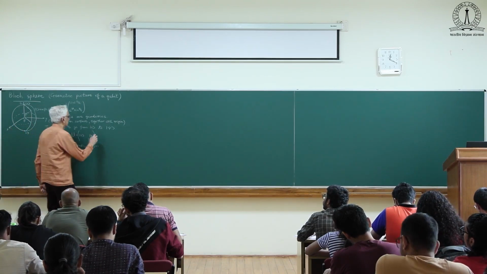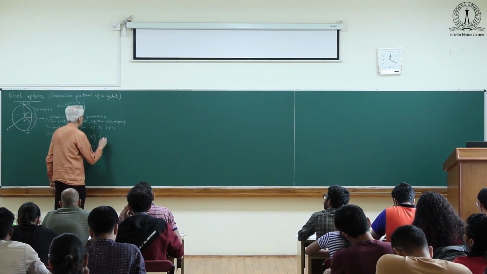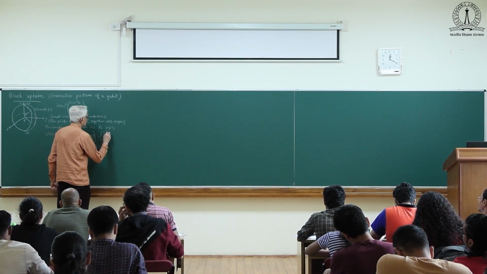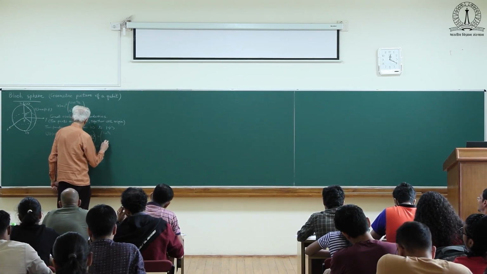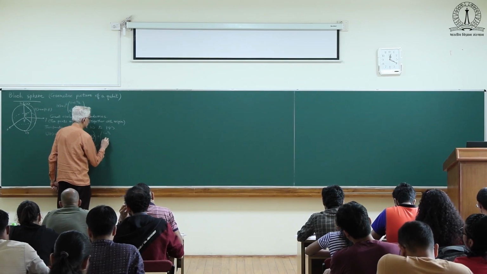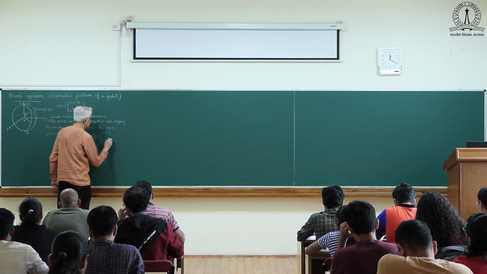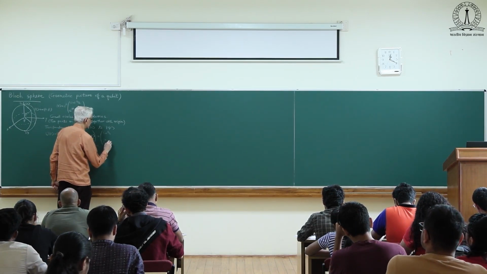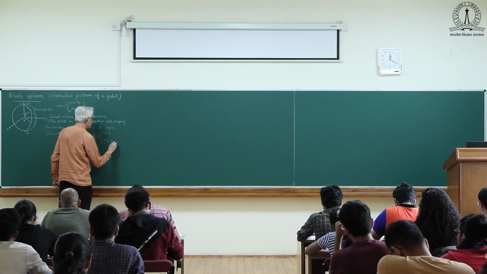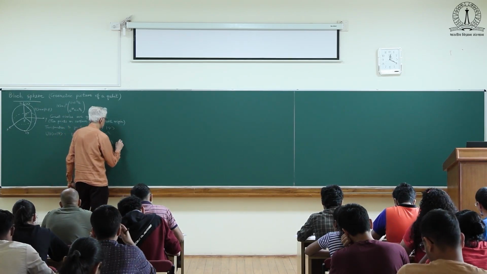Okay. And I will write down this thing explicitly. So this is cos theta by 2, e raised to i phi, theta by 2.